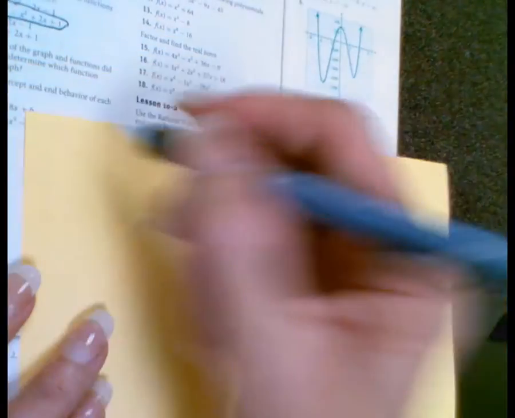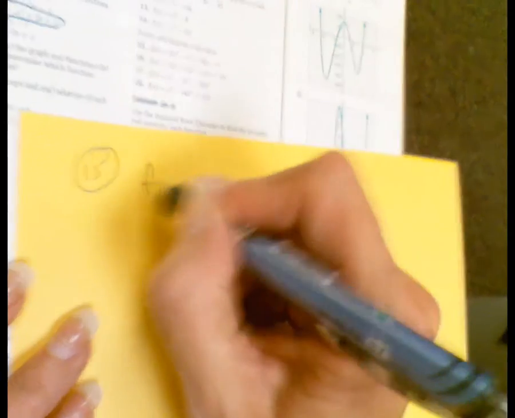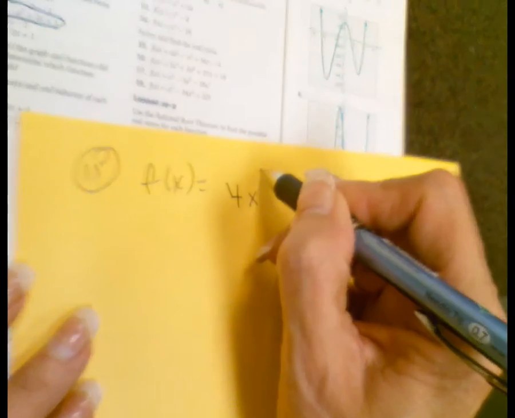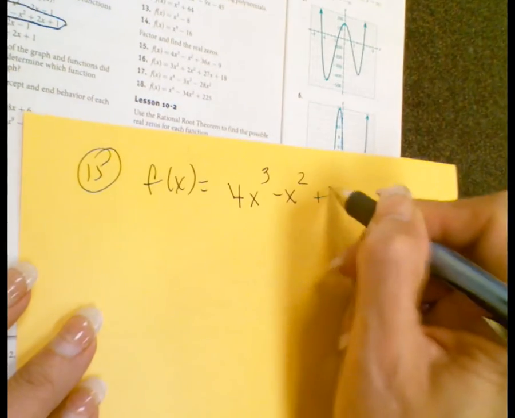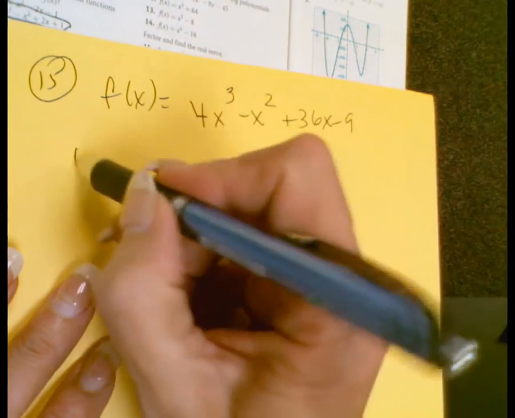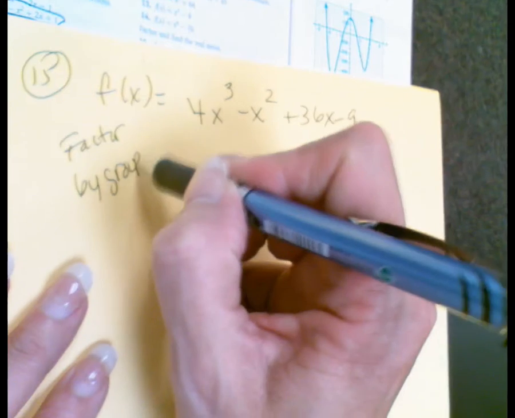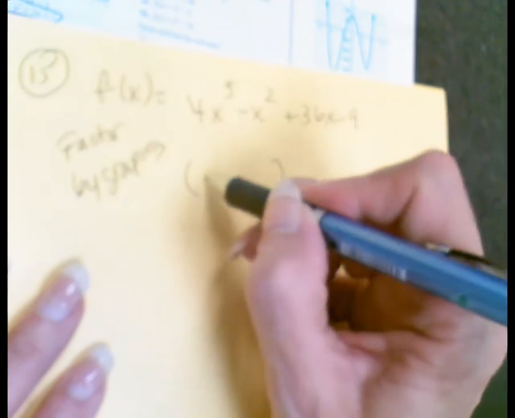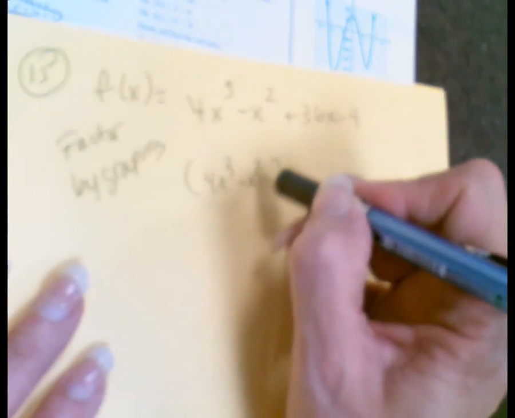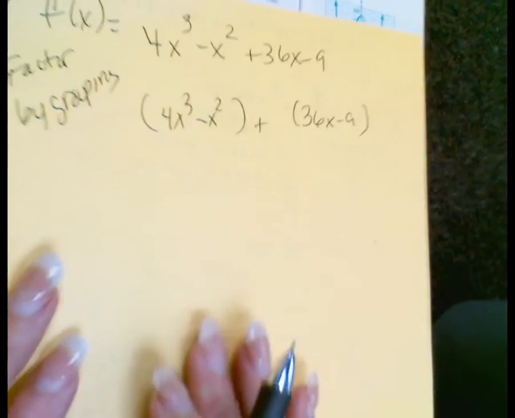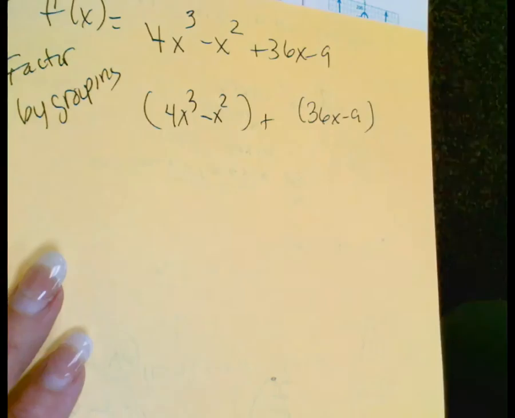All right, we are now at 15. This is another 4-termer, so we're going to factor by grouping. So pair your first 2 up. Pair your second 2 up. What's the GCF in the first pair?